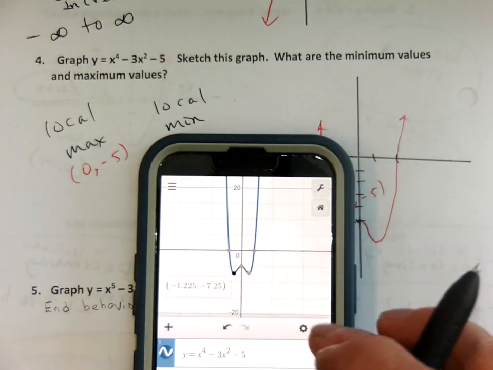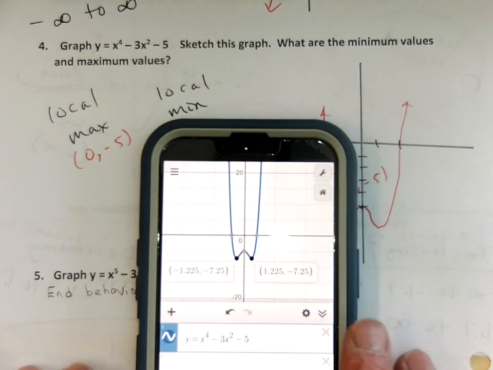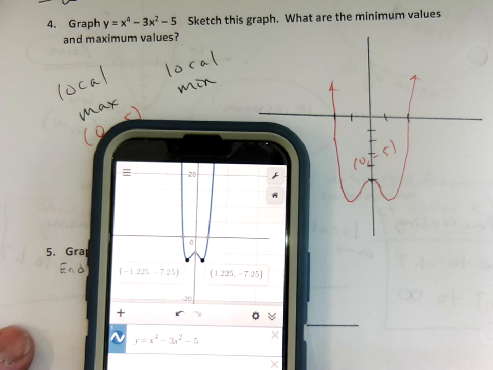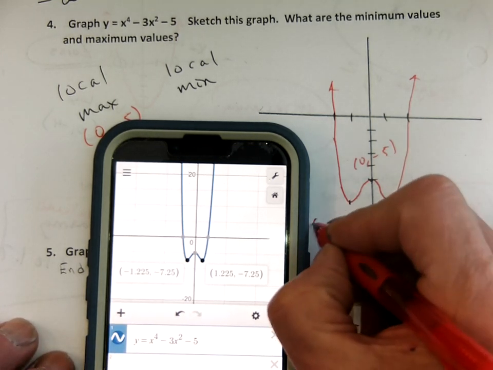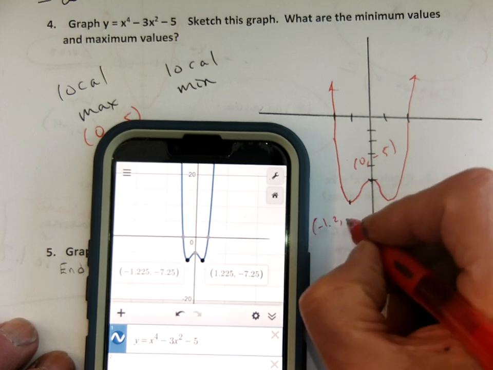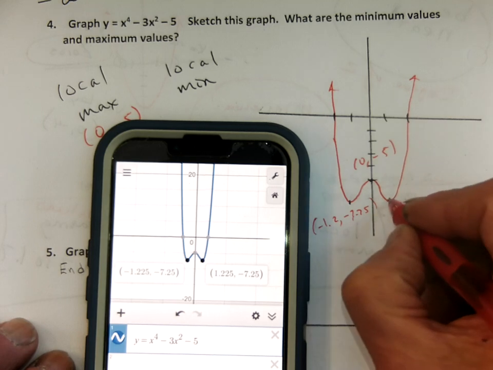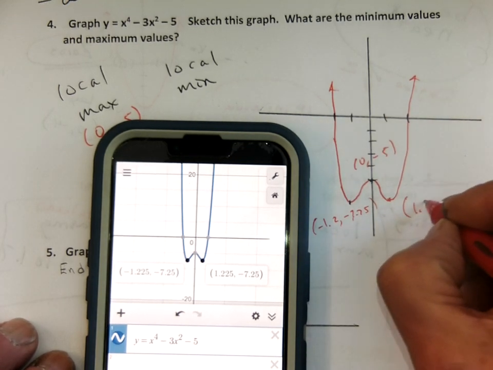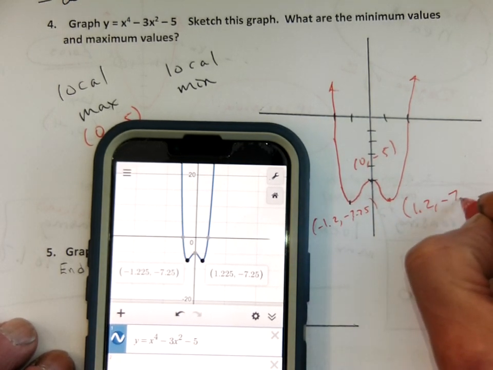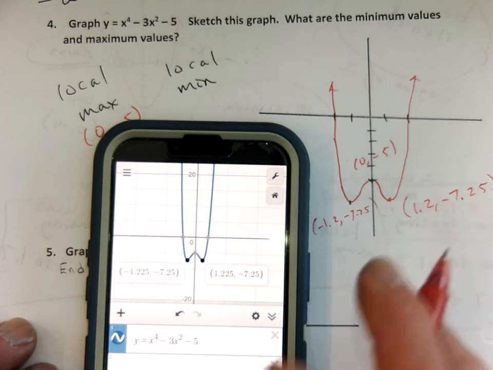Okay, there are my local mins. One local min is at negative 1.2, negative 7.25. And I have another local min at positive 1.2, negative 7.25, okay?